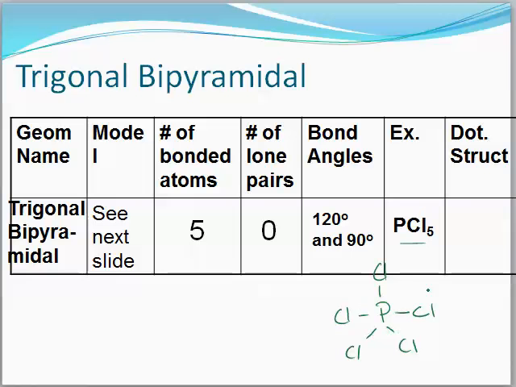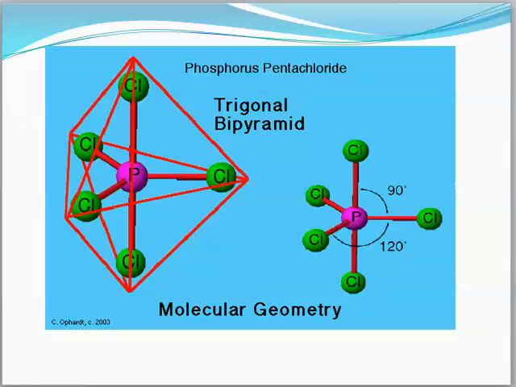When we have 5 atoms around our central atom, we create this trigonal bipyramidal. Trigonal because our 3 atoms here in the center create a triangle, and bipyramidal because we create 1 pyramid going up and 1 pyramid going down, so it's almost like there are 2 pyramids.